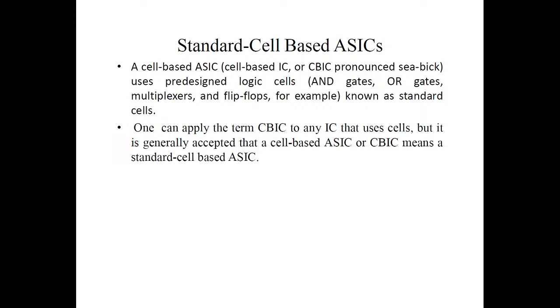In this type of integrated circuit, we use logic cells, logic elements such as AND gate, OR gate, multiplexer, flip flop, etc. By using this type of logic cells, the designer is able to implement their own structure. He is not able to create their own logic cells.